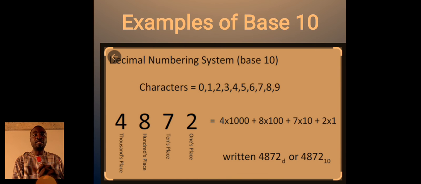Now, an example of a base 10 system: you see the characteristics there. We see from 0 to 9. For example, here we have 4,872. You see the place values of the digits. 4 is for thousands, 8 is for hundreds, 7 is for tens, and 2 is for what? Units.